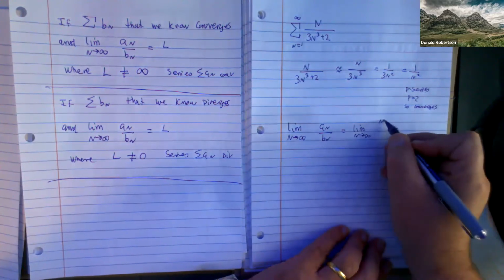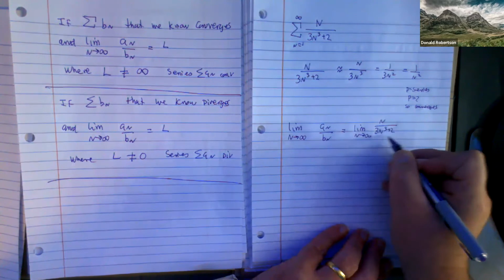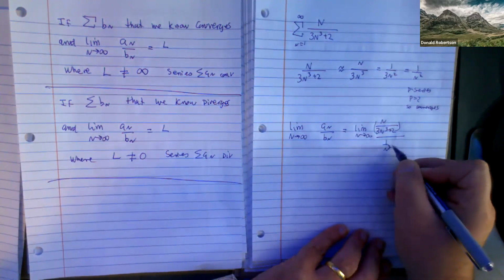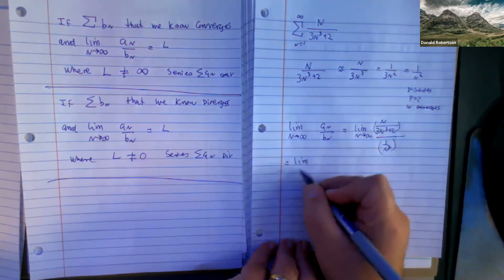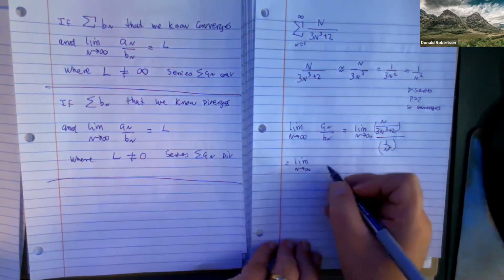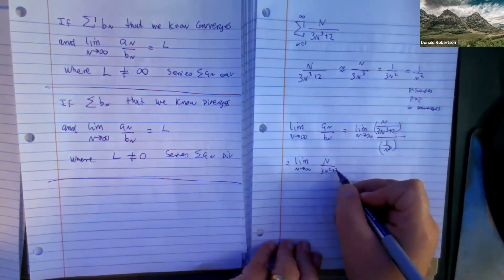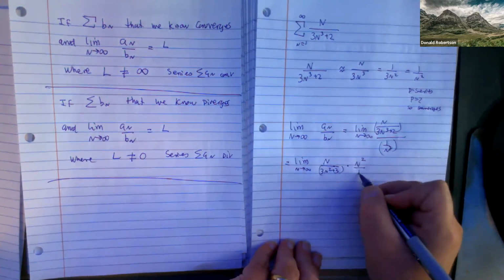So the original is this guy, divided by the comparison guy. We've done about 3 or 4 of these guys, so top fraction gets multiplied by the reciprocal of the bottom fraction.